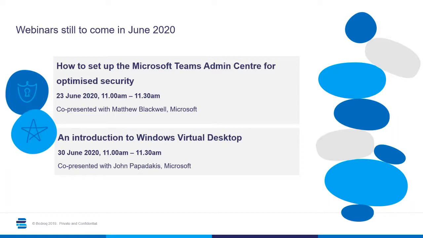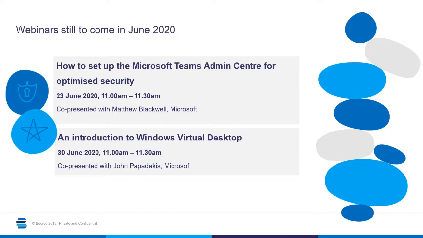Okay, thanks, Matt. Just want to bring your attention to two other webinars we've got running in June. Today's all been about productivity and driving that transformation at an individual and team level. On the 23rd of June, we'll be delving into how to secure Teams to make sure you can embrace it, while at the same time protecting your business from those that want to steal your data, steal your IP, and equally from accidentally sharing that to people that you shouldn't be sharing with.